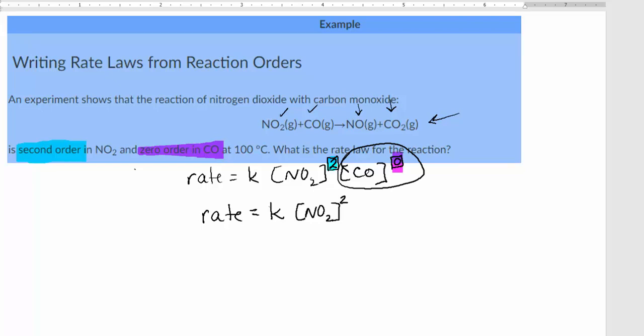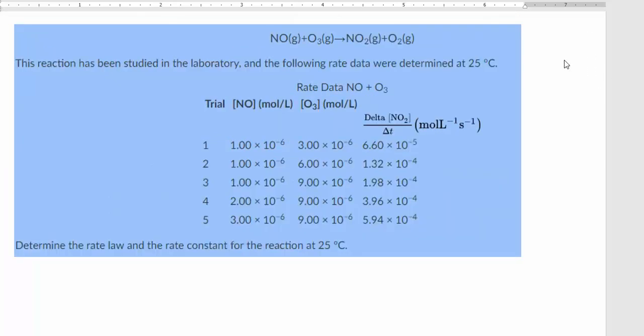Now, I've said that the rate law can only be determined by experimental data. Now we know that the rate is going to be equal to some constant K times the concentration of a reactant raised to a power that we don't know, times our other reactant, again, raised to a power we don't know.